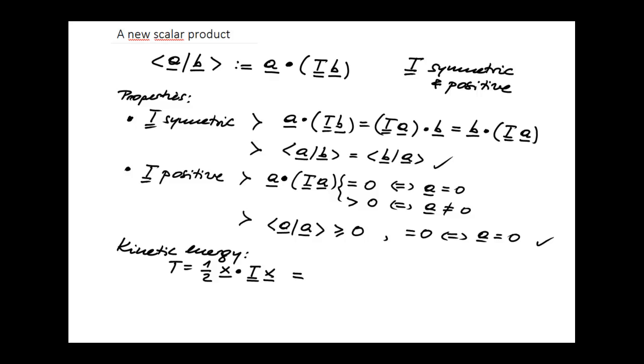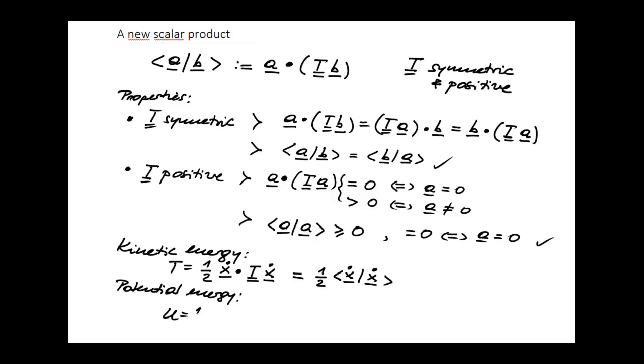Now, using our new scalar product, the matrix T is incorporated in the definition of this new scalar product, and we can simply write this as 1/2 x dot new scalar product with x dot. What about the potential energy in terms of the ordinary scalar product?